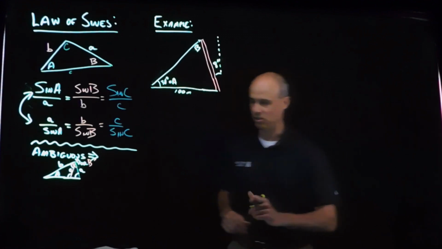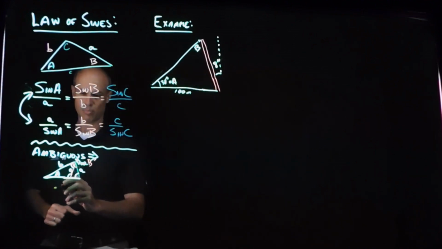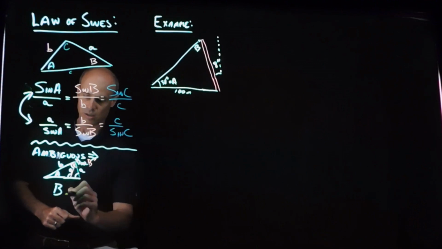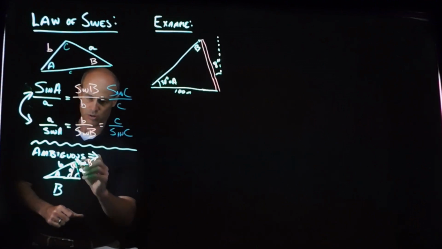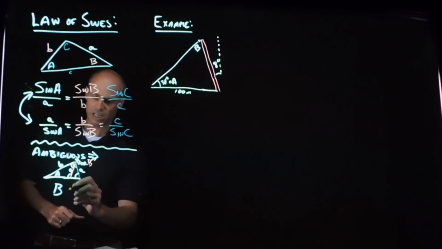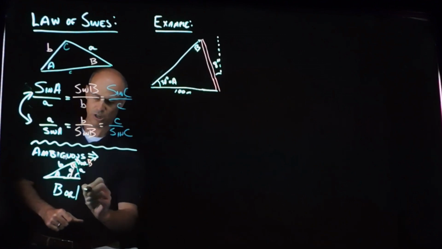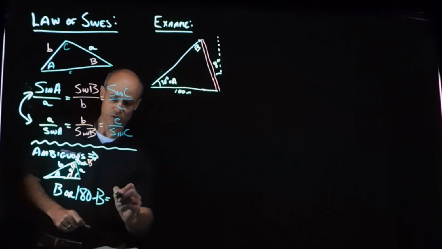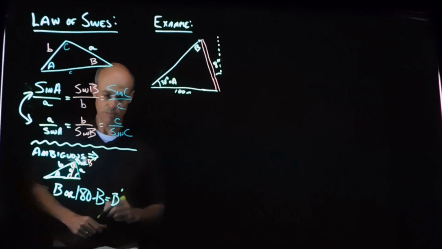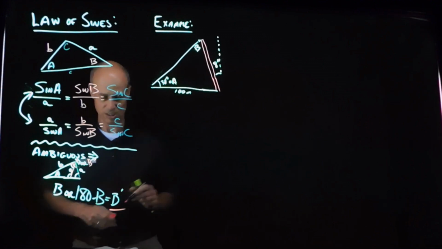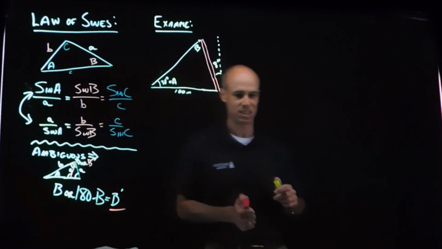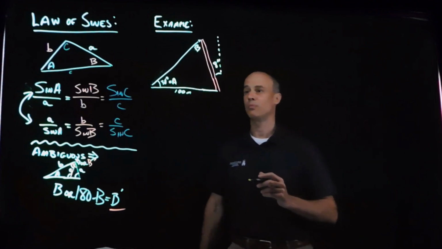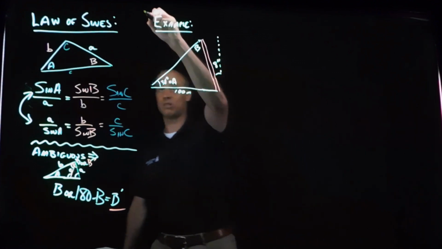All you have to do is take a look at it and realize that you could end up with an angle B. Solve for here, the B in green, or you could have 180 minus B is equal to B prime. Okay, so you have those two possible solutions. Take the one that makes sense to the situation that you have. You really have to take a look at the problem that you have and your individual circumstances.